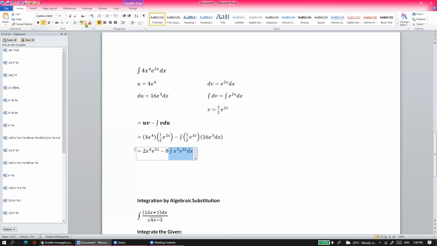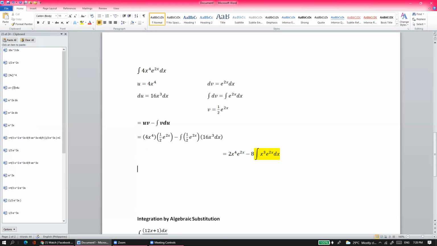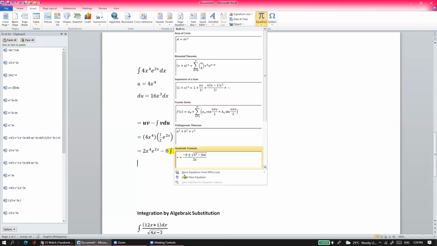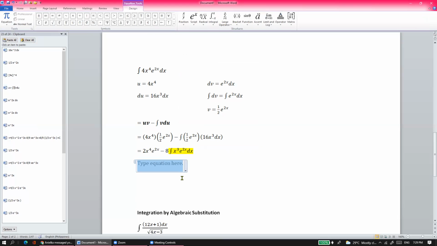Now, in this case, ano yung magiging u naman natin? Tanungin ko muna kayo. Ano yung magiging u? x cube po. x cube. So, we do that again. So, magle-let's ulit tayo sa portion sa ibaba. We have u is equal to x cube.